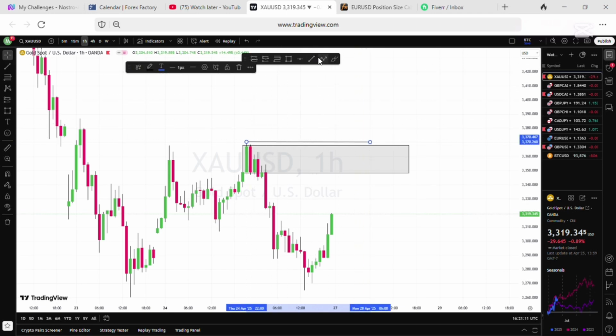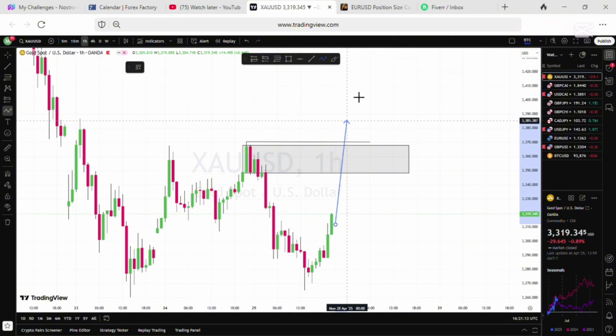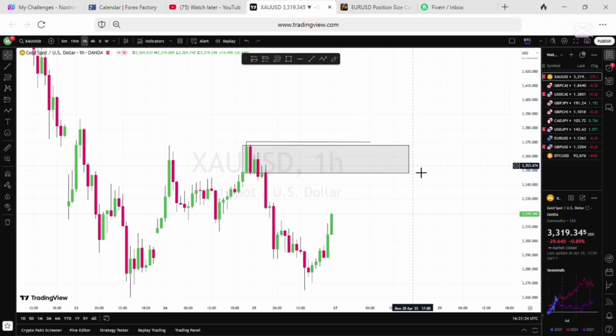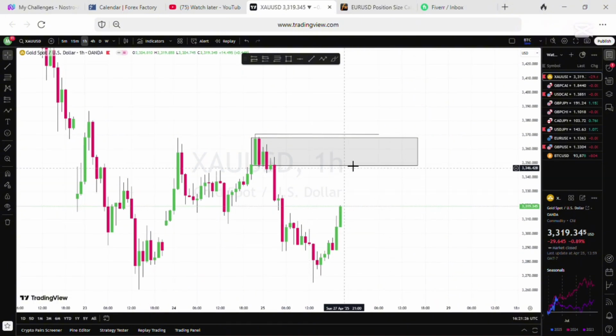Let's say price did this and broke, we'll be waiting for a retest. If it does a retest, then we'll enter for a buy at that retest position. But for now, let's wait for price to retest this demand zone here.